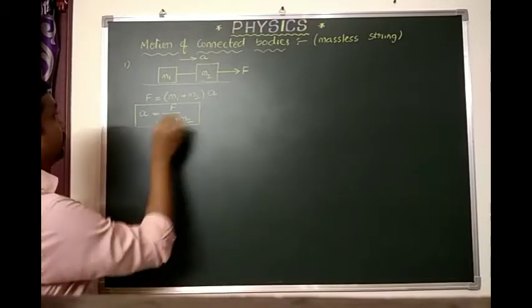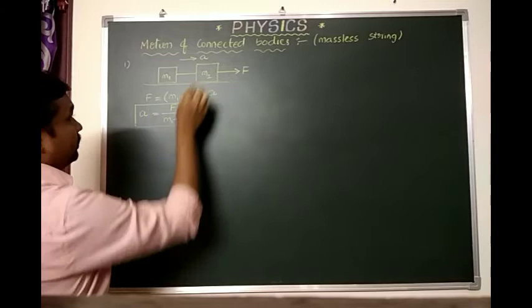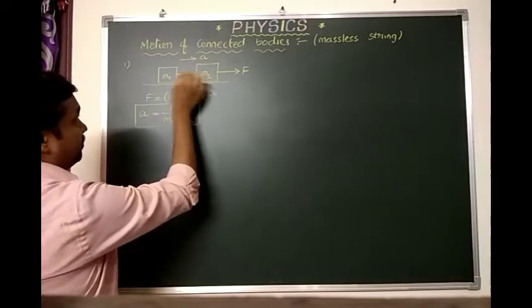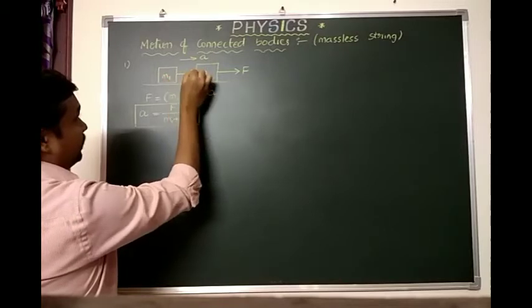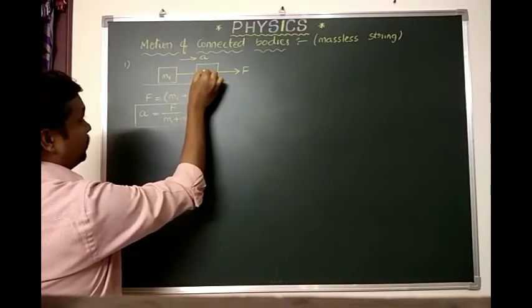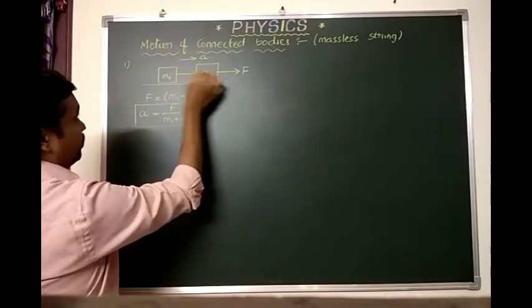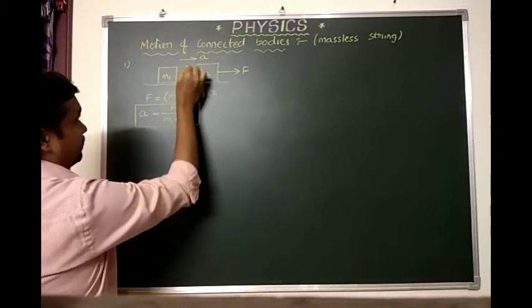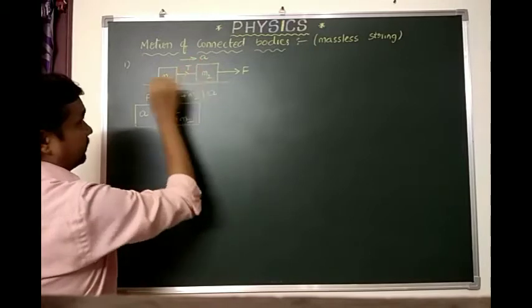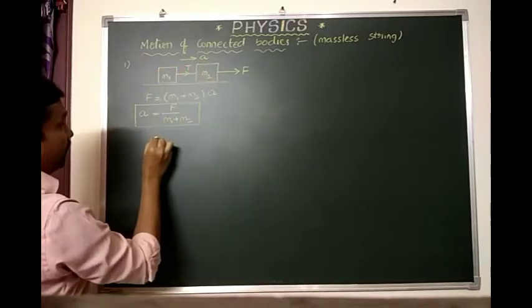Now, consider the tension between M1 and M2. M1 is pulling towards M2, M2 is pulling towards M1. So there is a tension in this, which we consider as T, exerting on the M1 body.